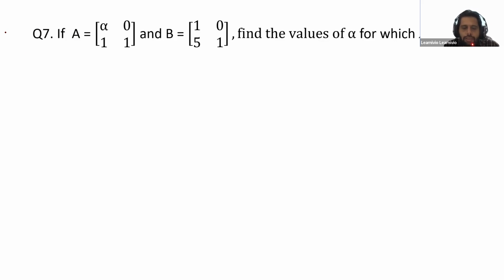Okay, Shiva, you are getting these values. So is there any common solution in this? Shiva, you are getting these values. I'm asking, is there any common solution?